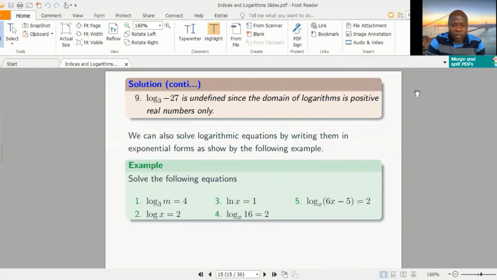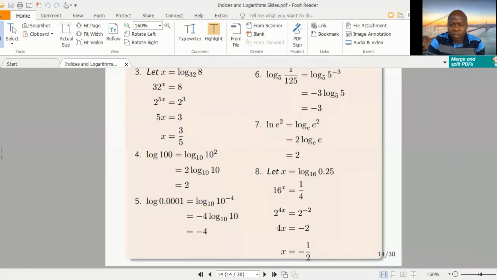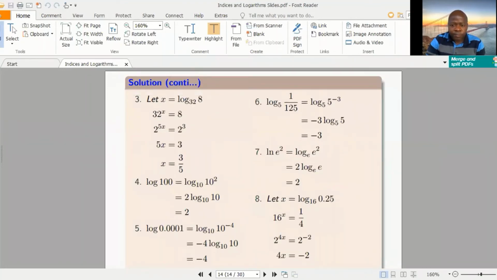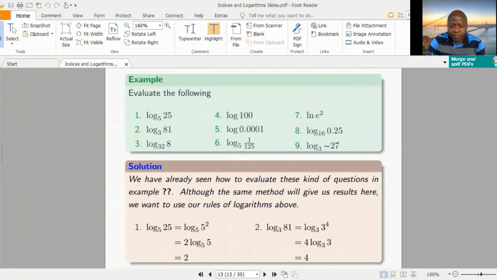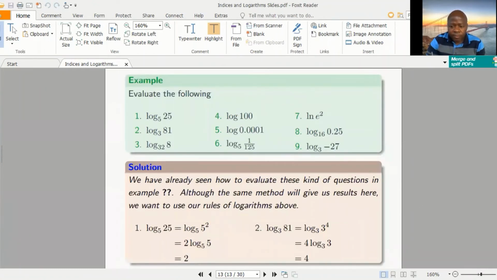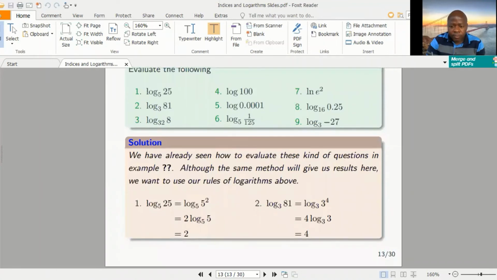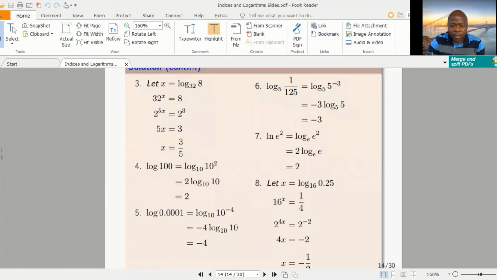What was this question 9? Let's just go back and see what it was. Question 9 was find the log of negative 27 to base 3. And what is my answer here?